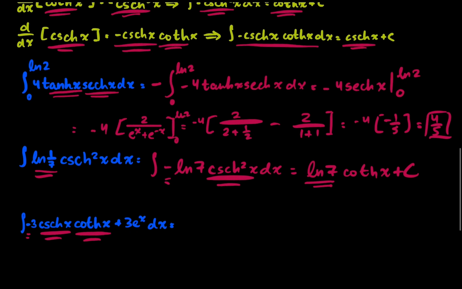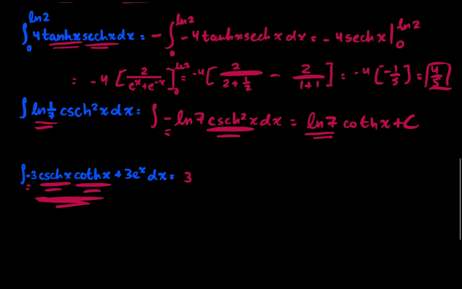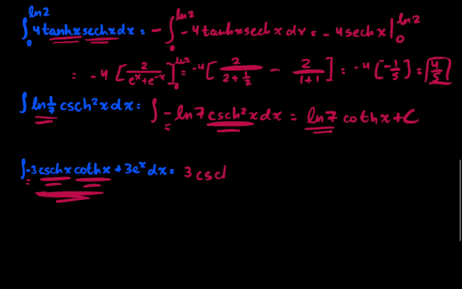We know this is the derivative of csch x, so this entire term I'm underlining just becomes 3 csch x. Then for the plus 3e to the x, we know the integral of e to the x is just e to the x, so this becomes 3e to the x. Then we have the plus c, and that would be our final answer. I hope this isn't too complicated. It's really about remembering the derivatives of these hyperbolic trig functions and knowing how to spot them when you're integrating.